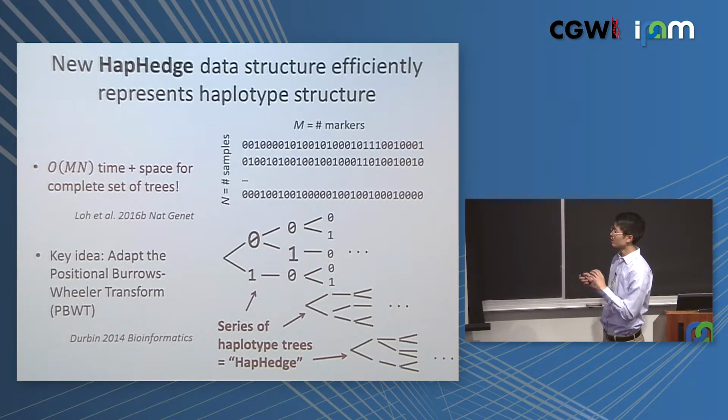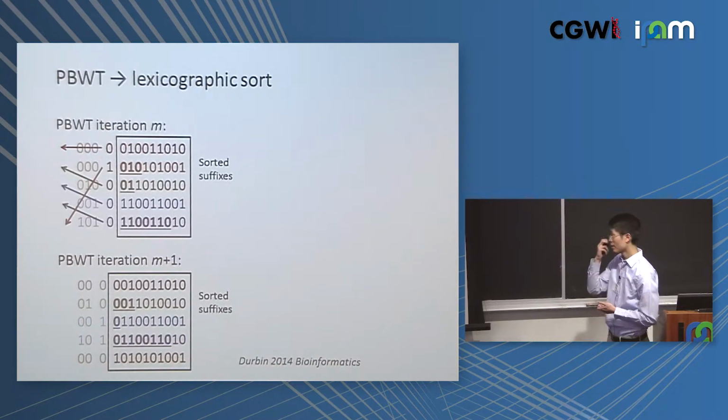But basically, it enables an algorithm and a data structure that allows you to both generate and store all of these trees in only linear time. So every single tree, but only in linear time. And I'll attempt to tell you in a slide how that works.